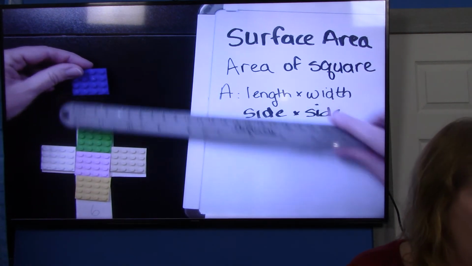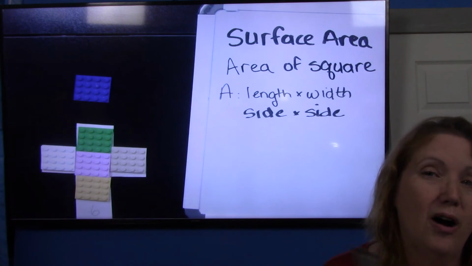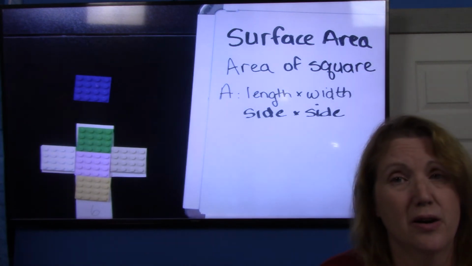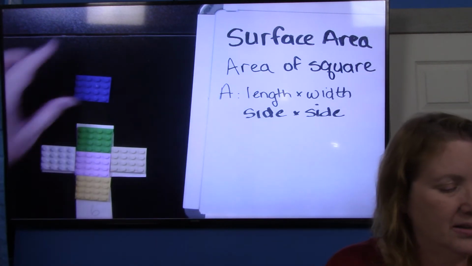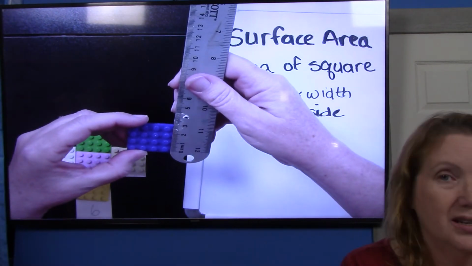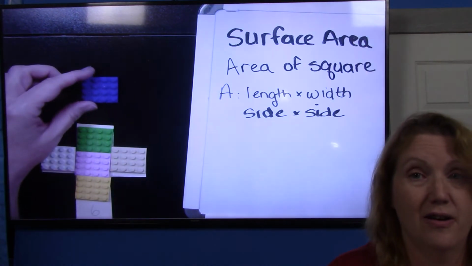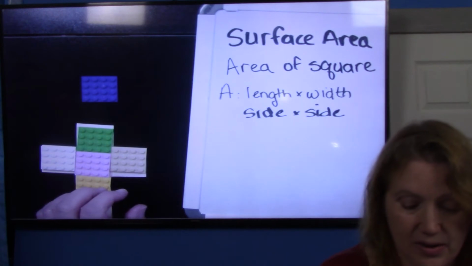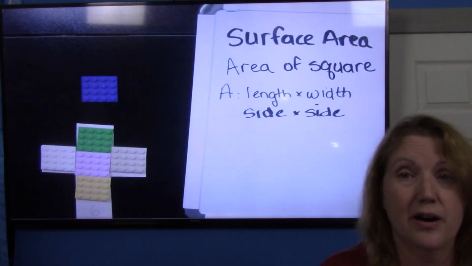One side of the square is 3 centimeters. Now, all the sides are the same on a square, but let's make sure that the other sides are 3 as well, just to make sure that we're correct, and they are. So we have a square that's a 3 by 3 square.